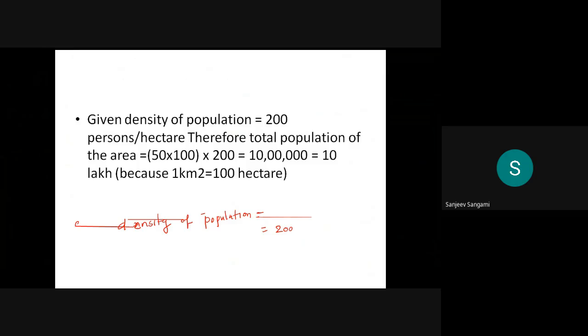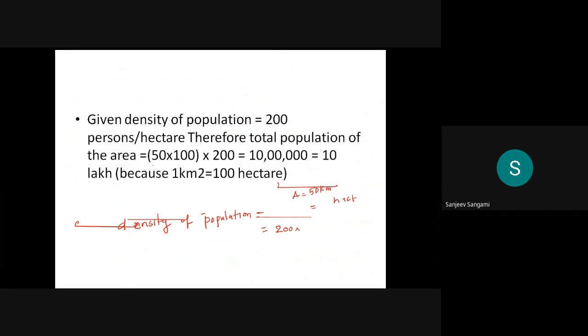The area is given as 50 square kilometers, so it is better to convert it into hectares. Now it can be calculated.